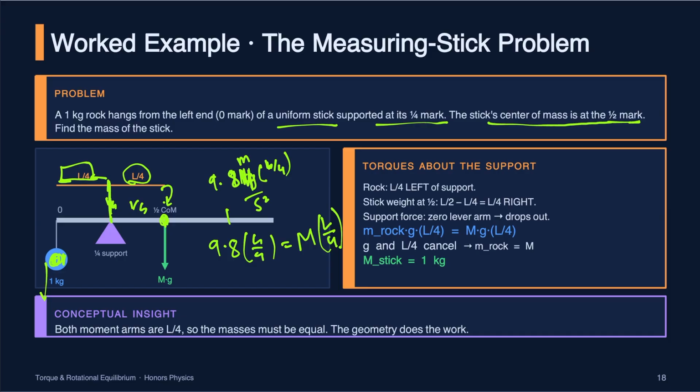And that should be it, right? Because this is in meters. For this mass, I have to put an mg here, but once I put that, it's good. So actually, let me write this a bit more properly. 1 kg times 9.8, because mg is the force of gravity acting down here.